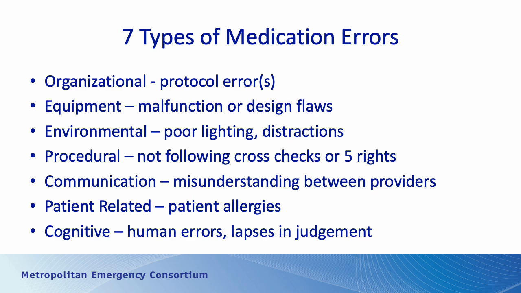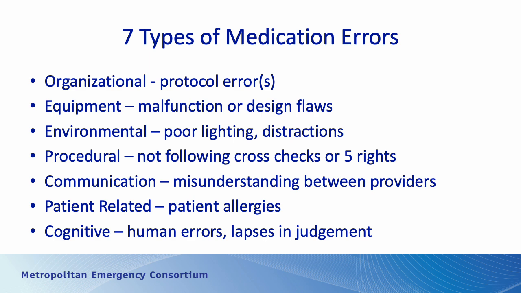Sometimes there are patient-related problems that we're not aware of. We may administer a medication and the patient has an allergy to it. We try to avoid that, but sometimes patients aren't aware of what their allergies are, or it could be a newly identified allergy based on what we give the patient, or it could be the patient's just not able to tell us that they have an allergy.